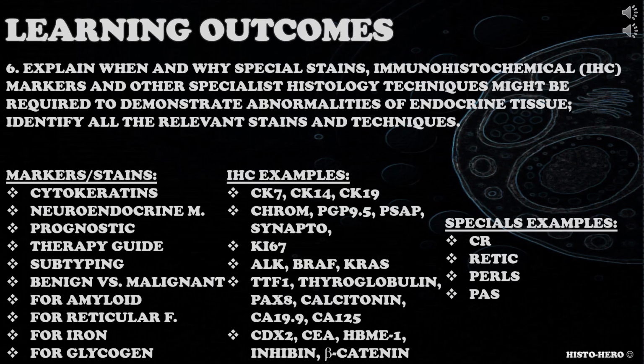IHC stains like cytokeratins, CK7, CK14, CK19, neuroendocrine markers like chromogranin, synaptophysin, CD56, PGP9.5, PSAP, prognostic markers like Ki67, subtyping like PAX8, TTF1, thyroglobulin, calcitonin thyroid specific, CA19.9, CA125 pancreas-specific, benign versus malignant markers like CDX2, CEA, HBME1, inhibin, therapy guiding, ALK, BRAF, KRAS.